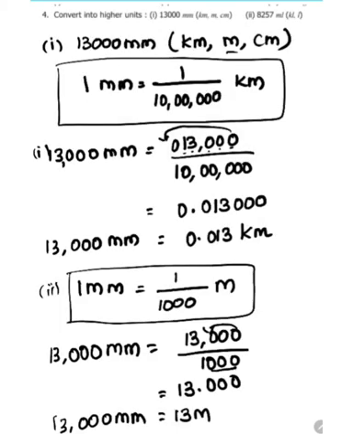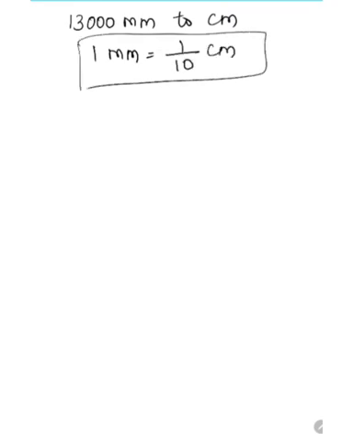The next one, 13,000 millimeter to centimeter. 1 millimeter is equal to 1 by 10 centimeter. Therefore 13,000 millimeter is equal to 13,000 by 10.